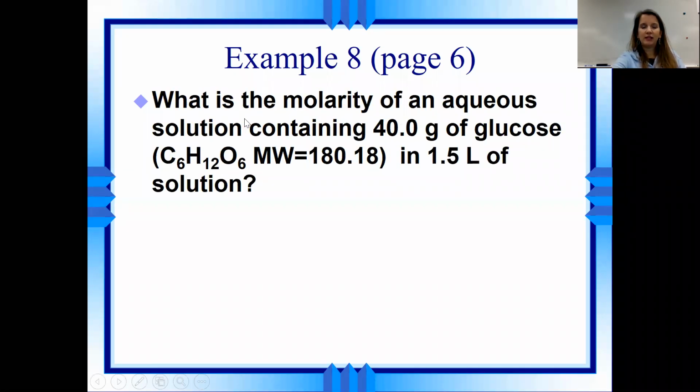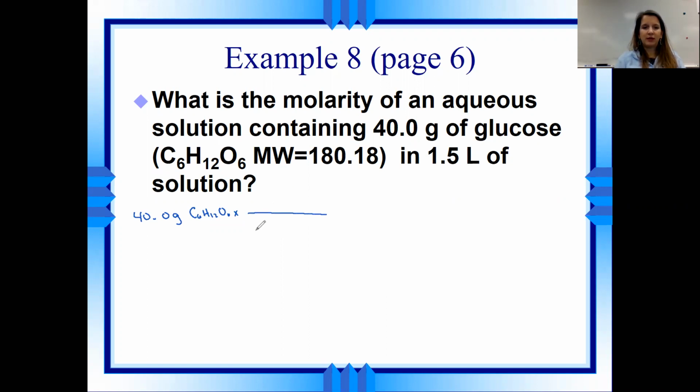For example 8, it says, what's the molarity of an aqueous solution containing 40 grams of glucose and 1.5 liters of solution? Now remember, our formula for molarity is moles over liters. We can't use grams. So if we're given the grams, we have to convert from grams into moles. So this is just a simple gram to mole conversion.